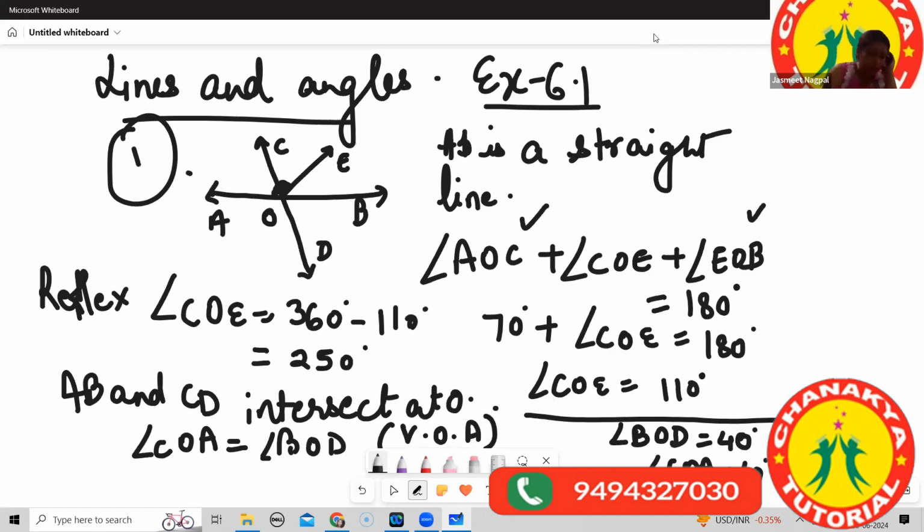Can I remove the first 2-3 lines? Yes, ma'am. Okay.